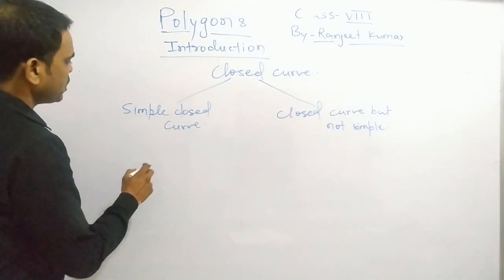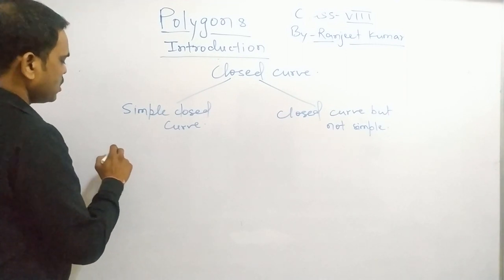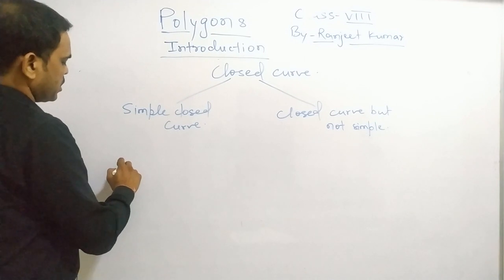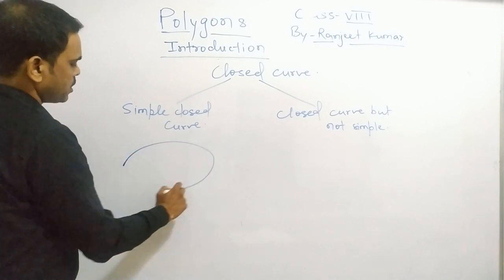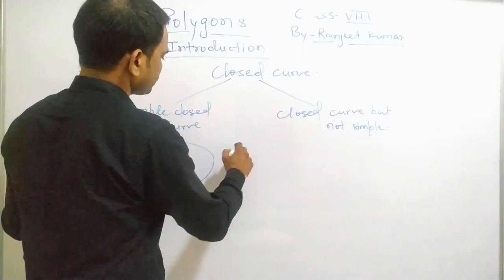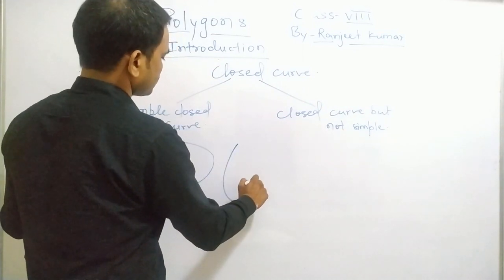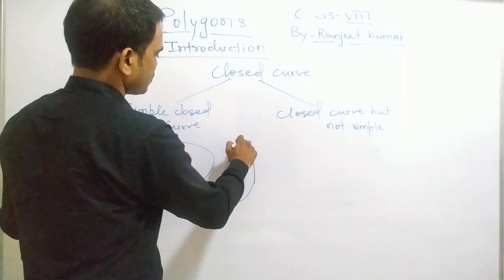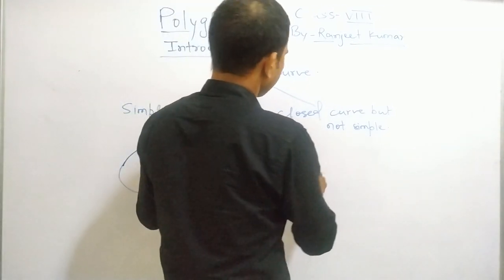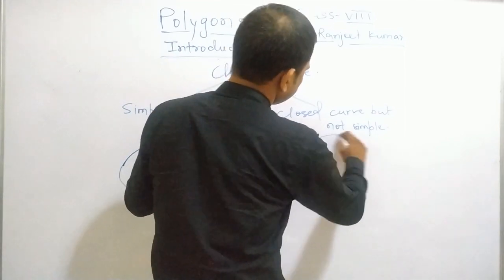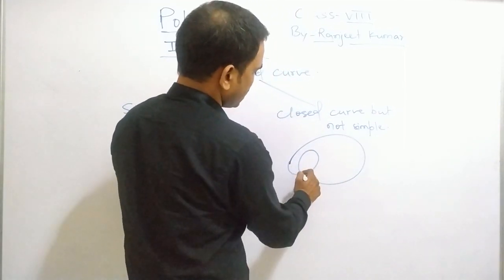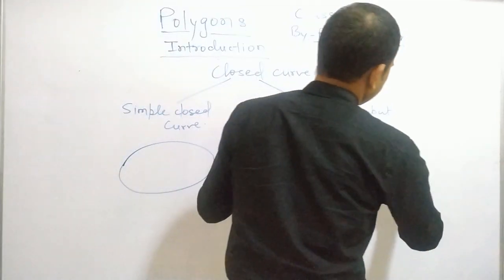Simple closed curve means the line will not overlap itself, okay, like this. This is a simple closed curve. It will not overlap to each other, but here, look, another I take.